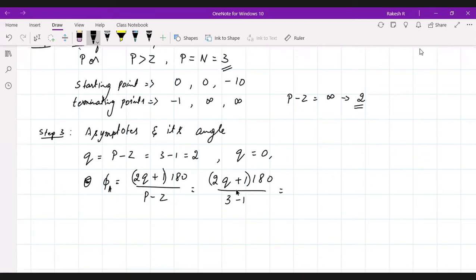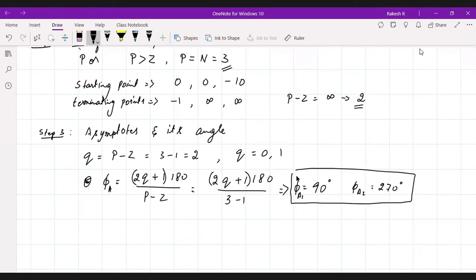When you substitute Q equals 0, we get 180 divided by 2, which becomes 90 degrees, one asymptote angle, that is phi A1. Phi A1 is 90 degrees and phi A2 is equal to 270 degrees. These are the asymptote angles here.